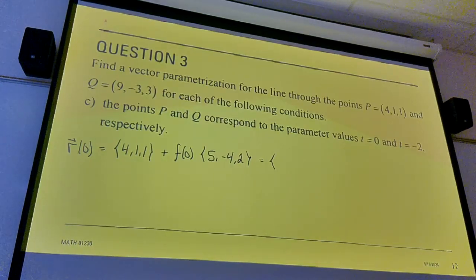Which is 4, 1, 1. So once again, f of 0 would have to be 0, right? So let's just take f of t to be n times t.